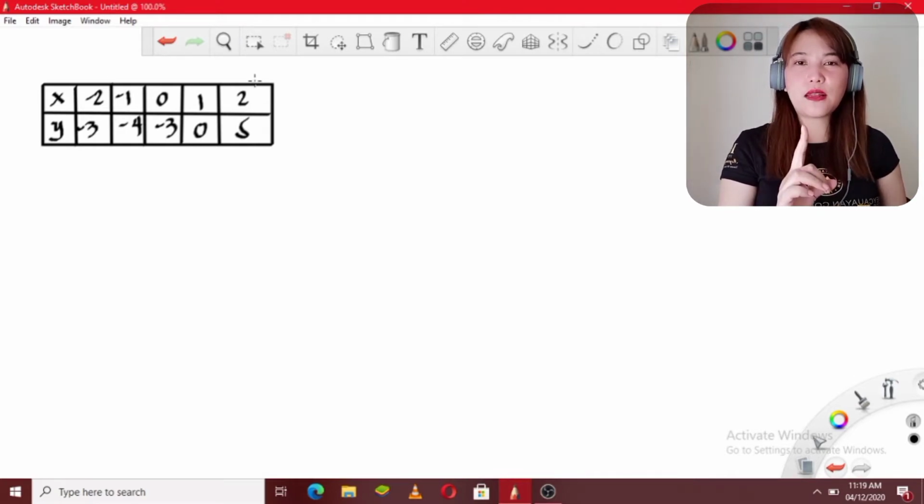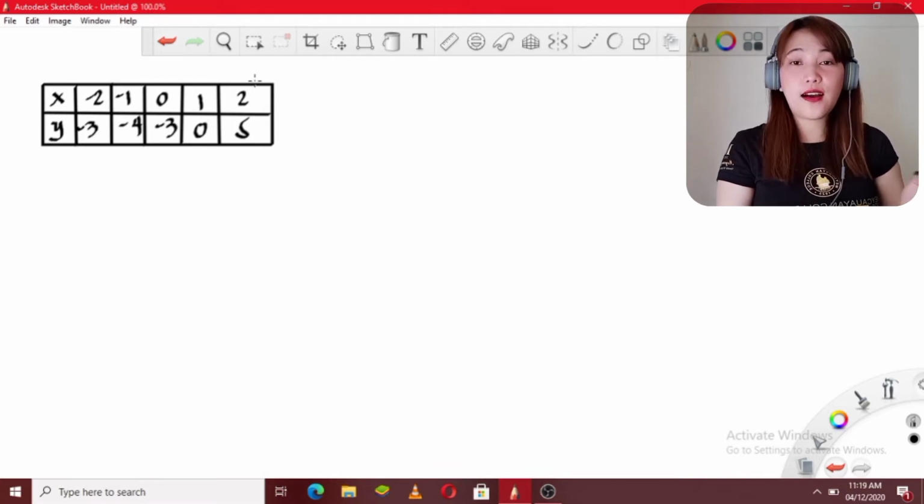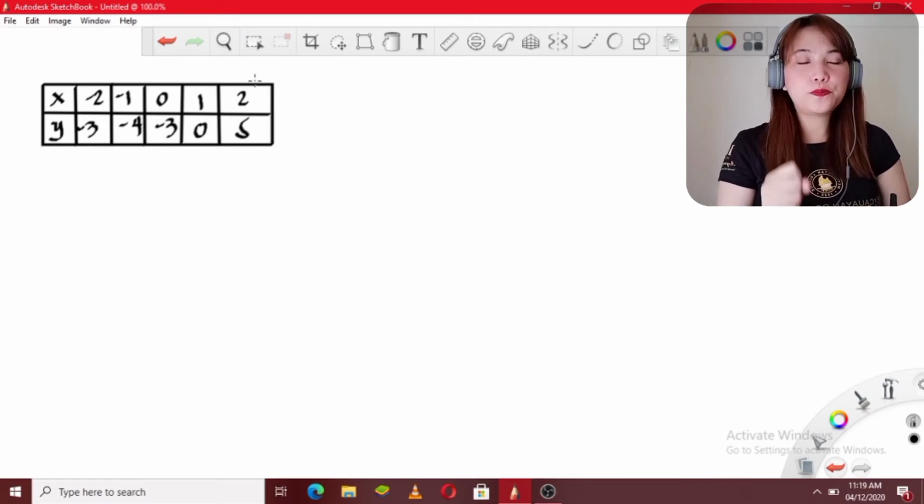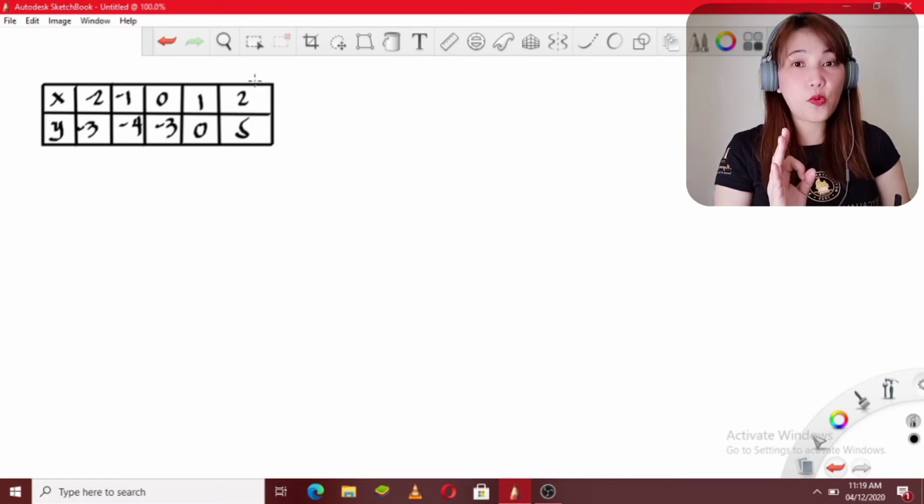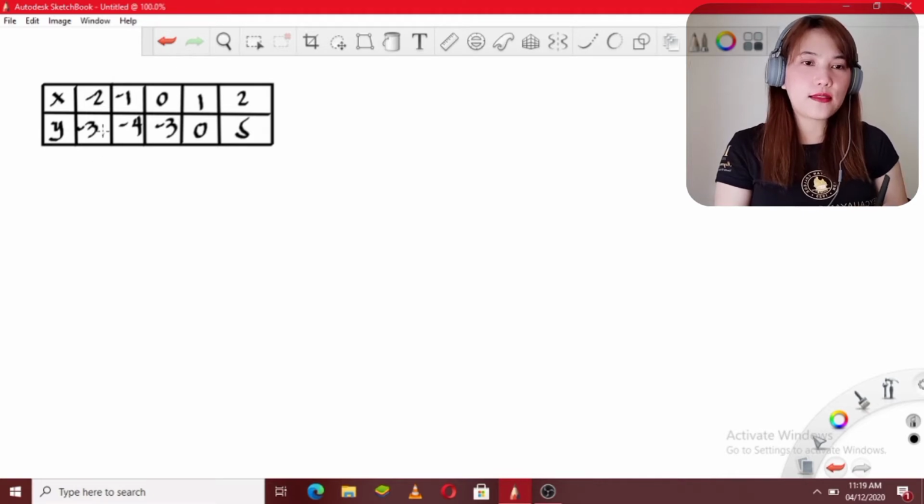Ngayon, paano natin malalaman anong quadratic function ang may ganitong coordinates? So, the first thing we should do, kukuha tayo or pipili tayo ng at least 3 points from the table of values. Alright? Let's say, kunin natin itong tatlong nauna.